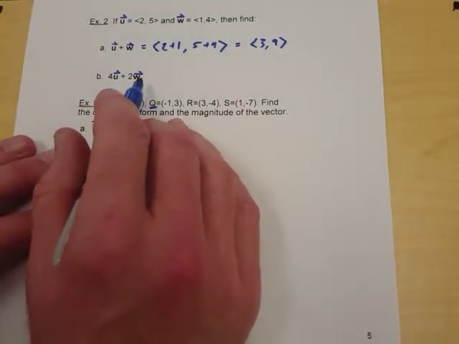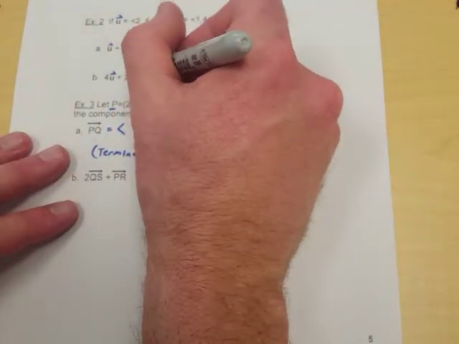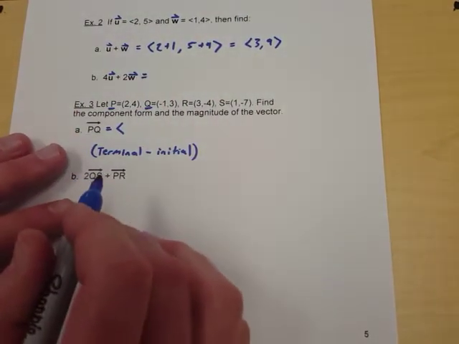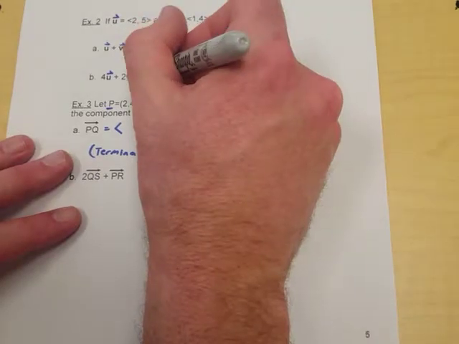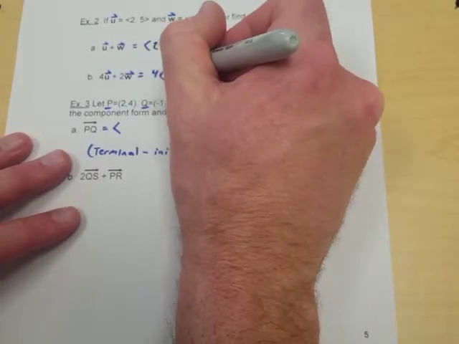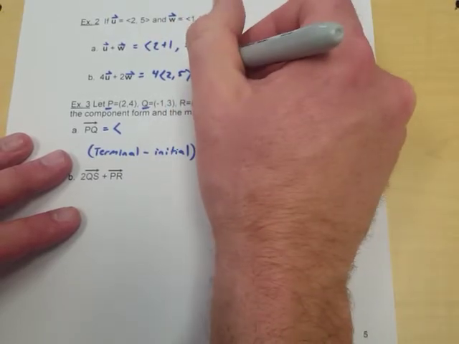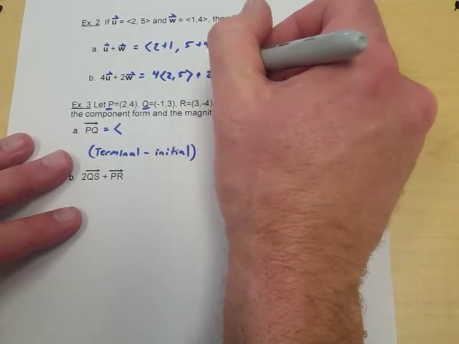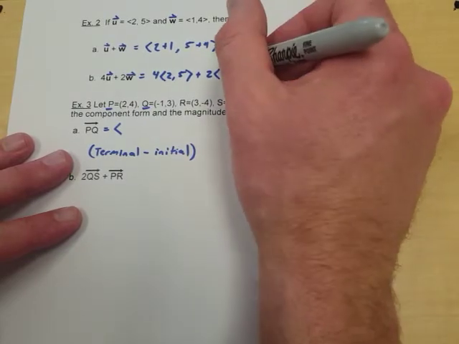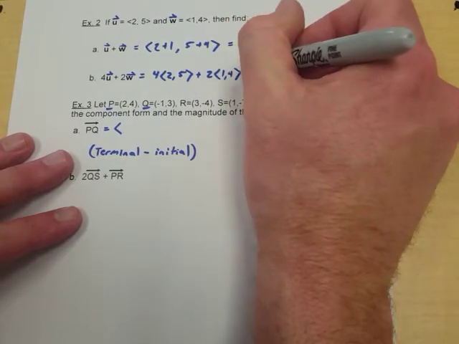With this next one here, we do want to make sure that we're distributing the number that's being multiplied first before we add them together. So this is like saying here we've got 4 times the vector 2, 5, that's u, plus 2 times w, which is in component form the vector 1, 4.